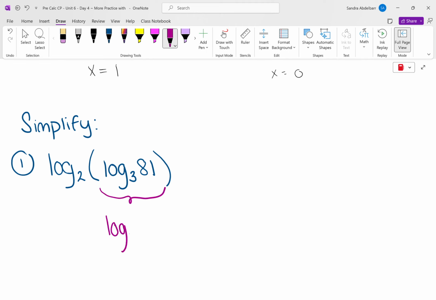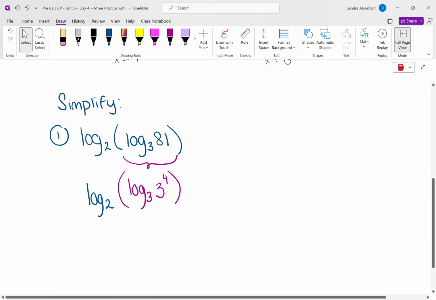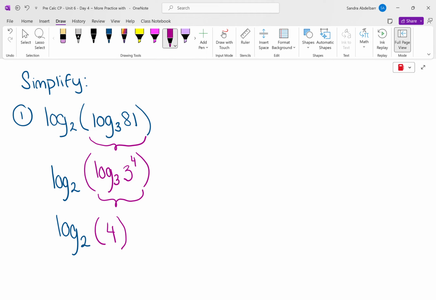Well, isn't this log base 3, and can I change 81 into 3 raised to the 4th power? 3 to the 4th power is 3 times 3 times 3 times 3. Now go back up. Didn't we have a shortcut for this? Yeah, so what's log base 3 of 3 to the 4th? 4, right? So now we have log base 2, and this whole parenthesis simplified down to 4.